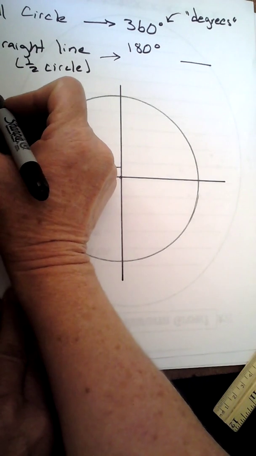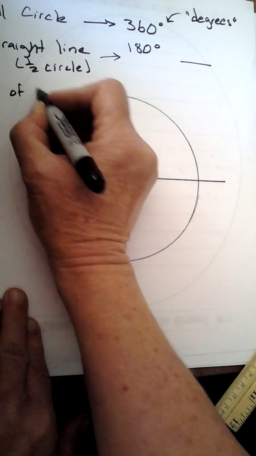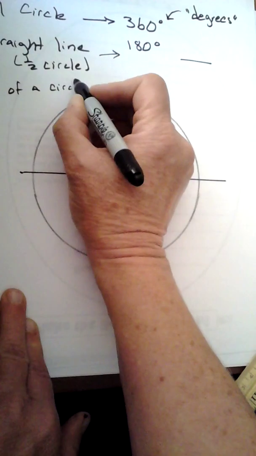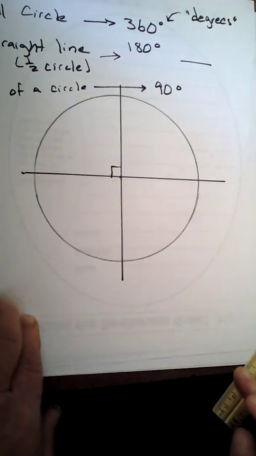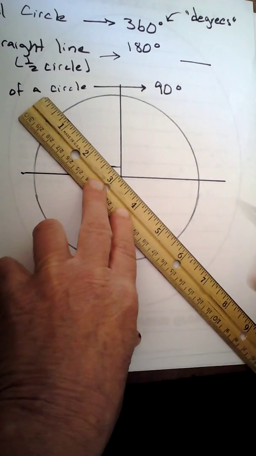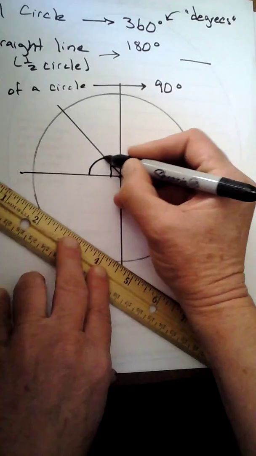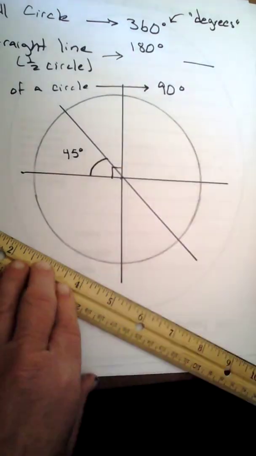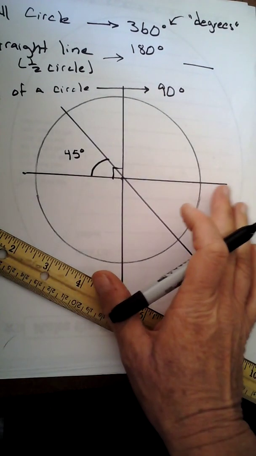So we'll say a 1/4 of the circle, or of a full turn around the circle, would be 90 degrees. So that right angle is 90 degrees. And if we divided it even further, we did that in half. This little angle right here would be half of the 90, so it would be 45 degrees.